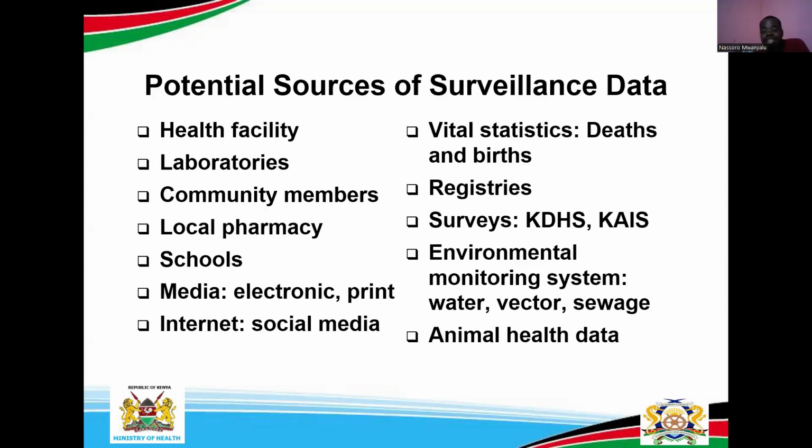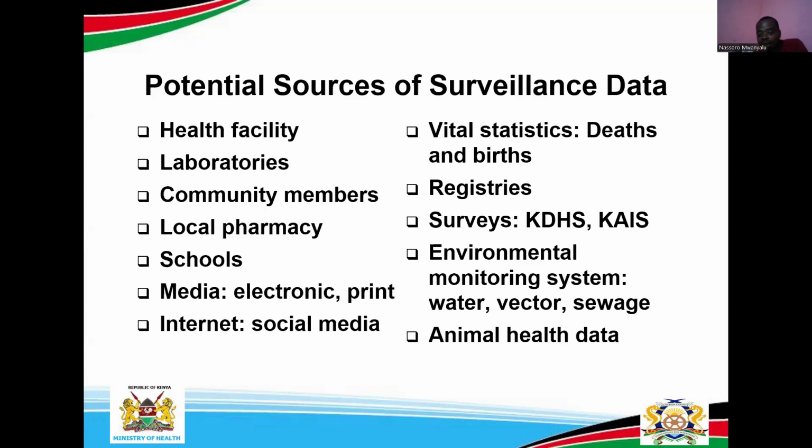Vital statistics in terms of deaths and births. For deaths, you can get to know which disease causes the most deaths in this particular area. Also, we have the registers, KHIS, and environmental monitoring.